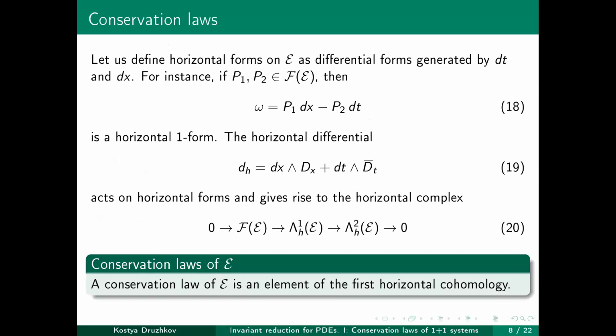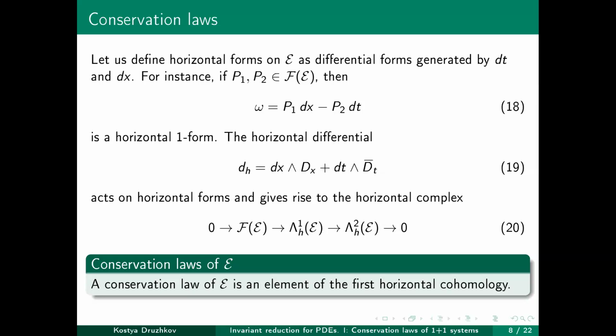So let's define horizontal forms on epsilon as differential forms generated by dt and dx. For instance, if p1 and p2 are functions on epsilon, then omega given by formula 18 is a horizontal one form, because it's generated by dx and dt only. Besides, we have the horizontal differential given by formula 19. The horizontal differential acts on horizontal forms and gives rise to the corresponding complex given by formula 20.